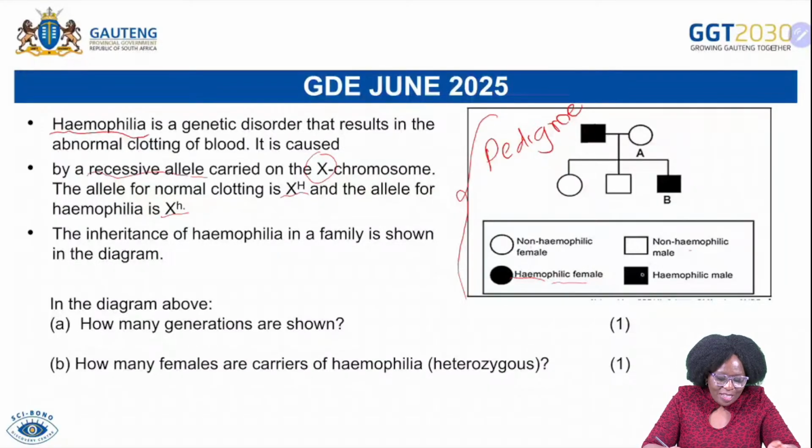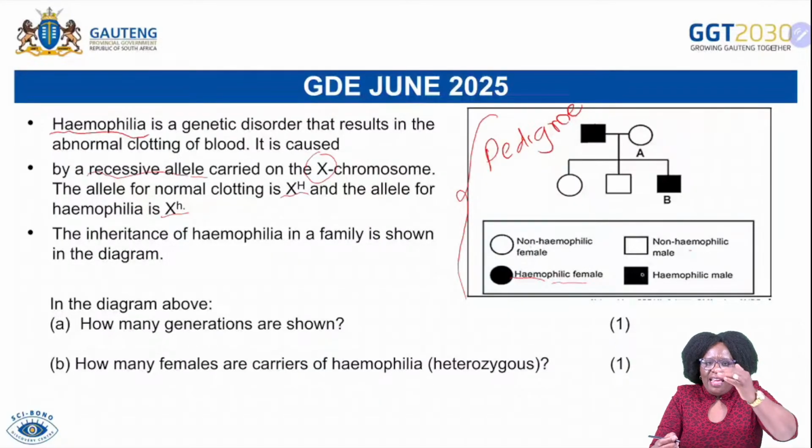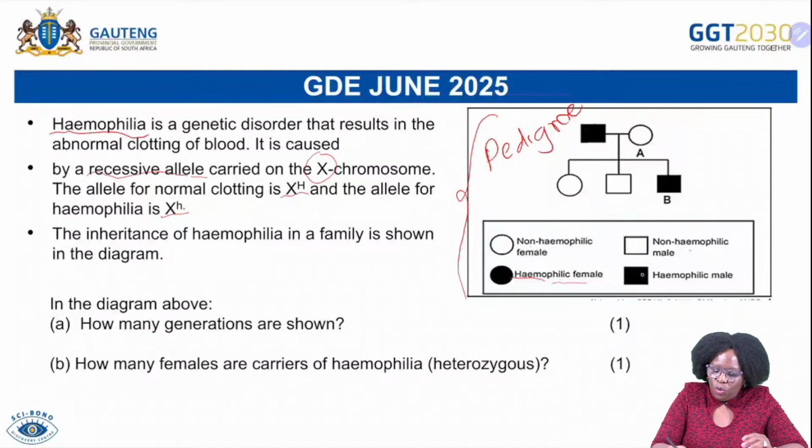Then back to the question, how many generations are shown? How do we see generations? You see by the levels that are shown. So in other words, this is 1 generation. And now we have the generation of the offspring. And this is now the 2nd generation.